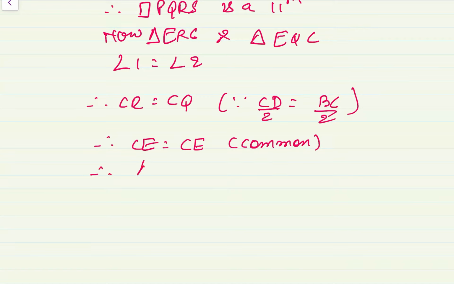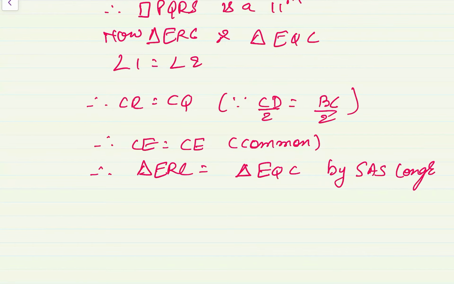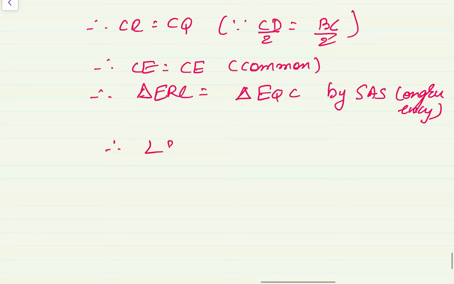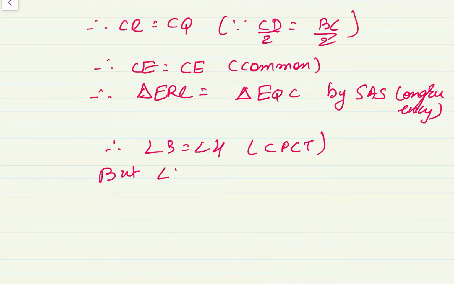Therefore, triangle ERC is congruent to triangle EQC by SAS congruency. Therefore, angle 3 is equal to angle 4 by CPCT. But angle 3 plus angle 4 is equal to 180. Therefore, angle 3 is equal to angle 4 is equal to 90.